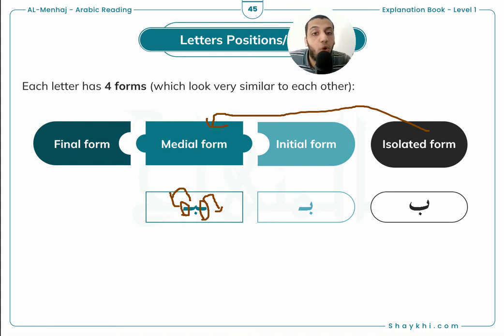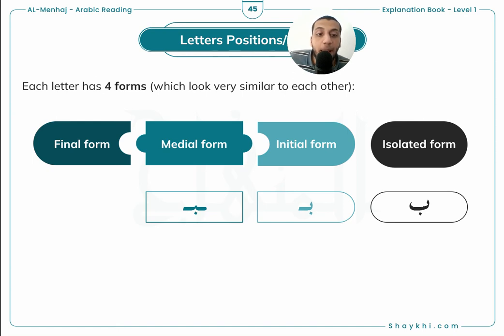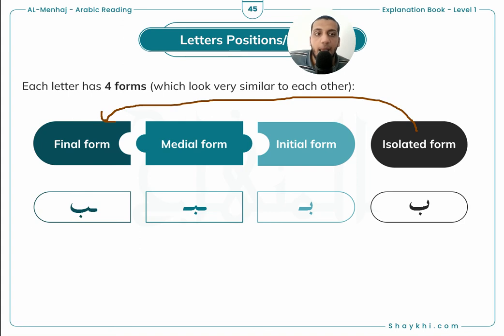For this reason, this lesson is called the connected letters. And lastly, what if we want to put ba at the end of a word? It will take this shape. It ends in this way, and the line that connects to the letter before is still the same.